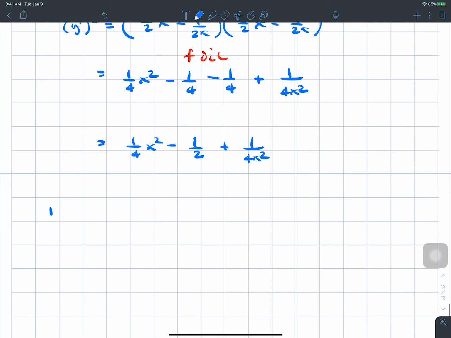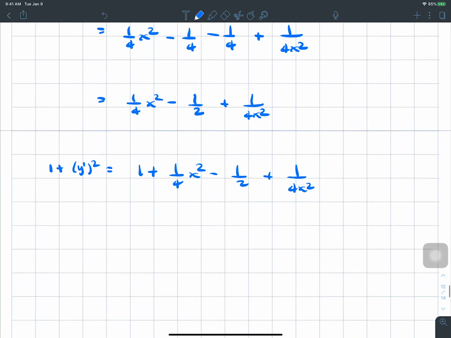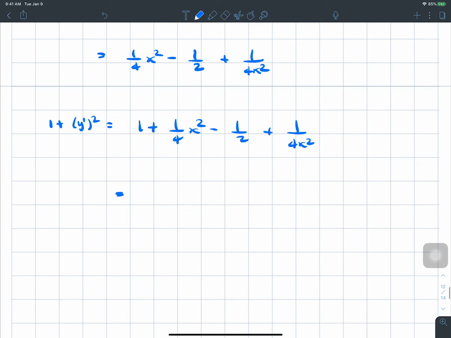Okay, don't forget, we have to add 1 to this. And you end up with 1/4 x squared, now plus that 1/2. There you guys go. You see where we're going with this.